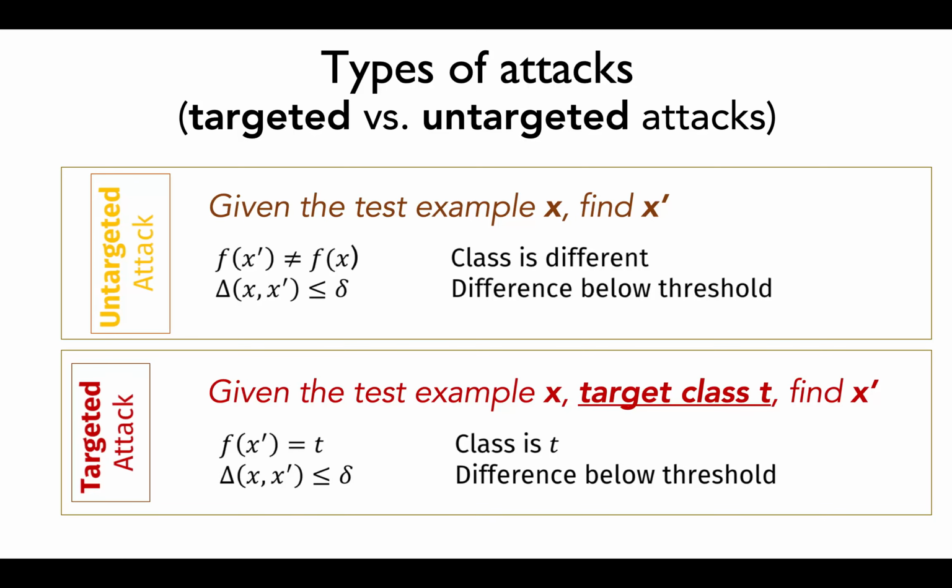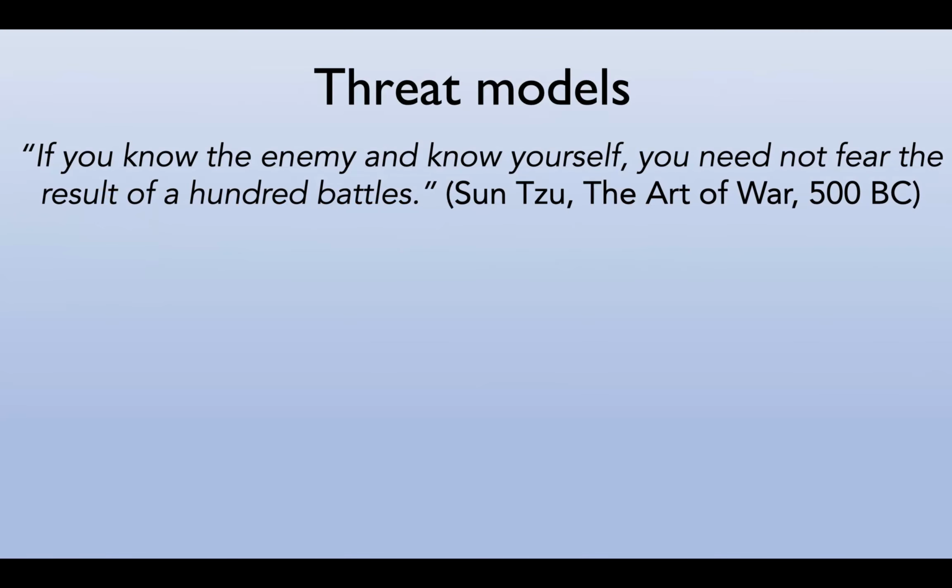But with a targeted attack, your interest is to get the perturbed image X dash in this case to be classified as some target class, T in this case. So you are perturbing the input image or the input signal in some way, but then you're also interested in making the machine learning model misclassify it in a particular way.